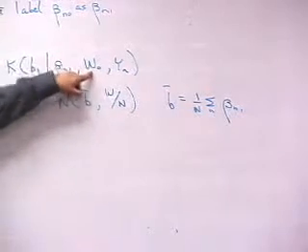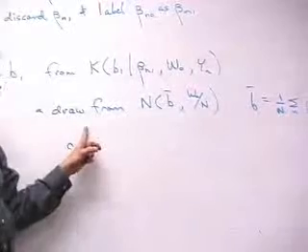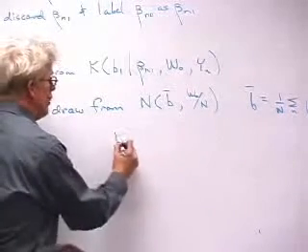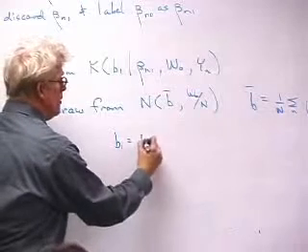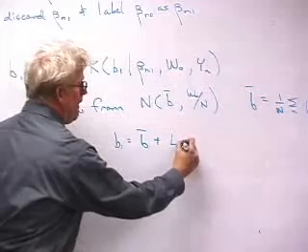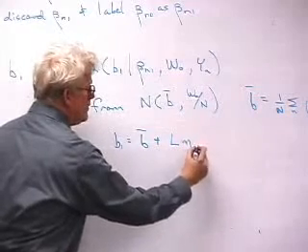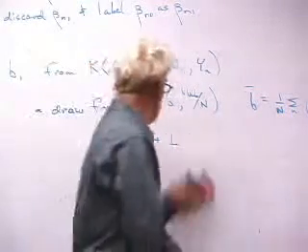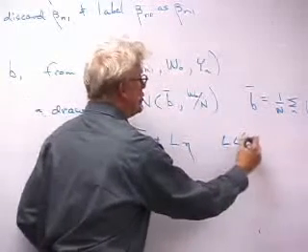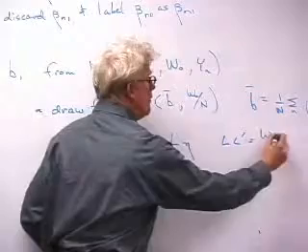You know what W is, so you just divide it by N. And then to take draws from this, you calculate B1 is equal to B bar plus L eta, where L is the Cholesky factor of this thing.